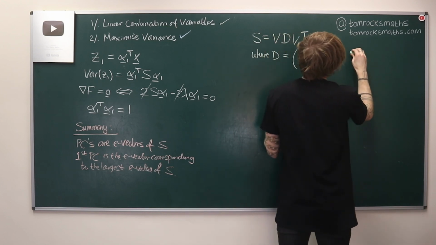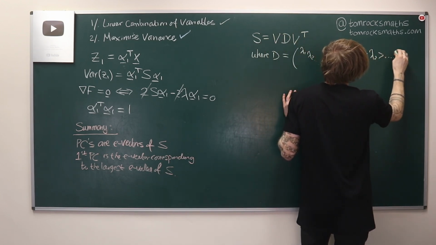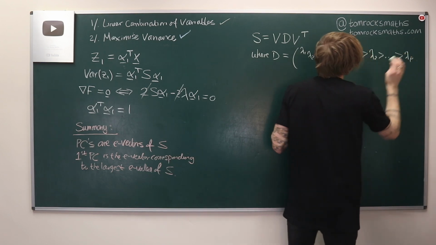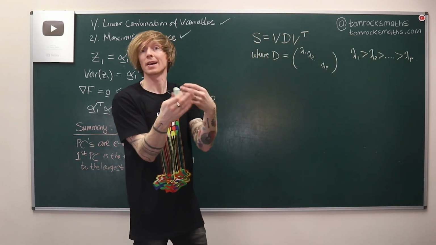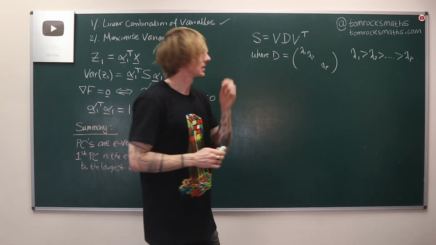And this is where we have ordered them, so lambda 1 is greater than lambda 2 is greater than ... is greater than lambda p, to make sure we have the correct eigenvector, the correct principal component.